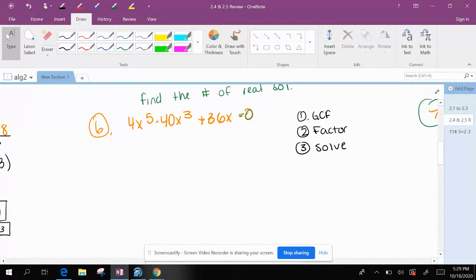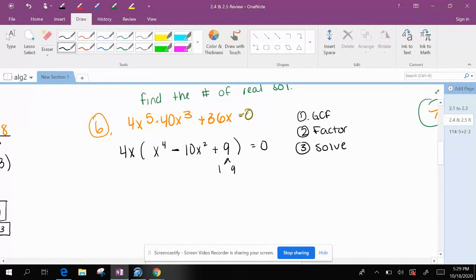A GCF that I can take out of all of these numbers is a 4x. So I'm left with x to the 4th minus 10x squared plus 9. Now I can factor this. Factors of 9 that get me 10 are 1 and 9.